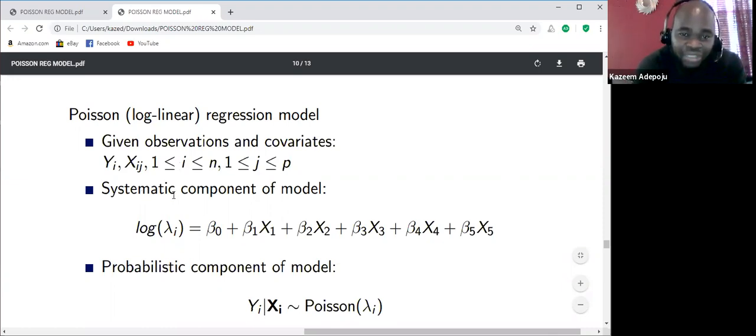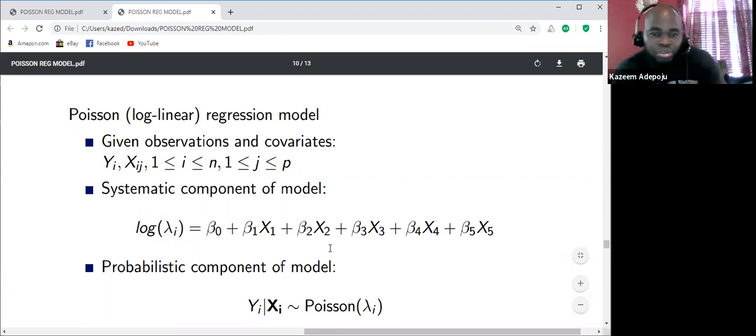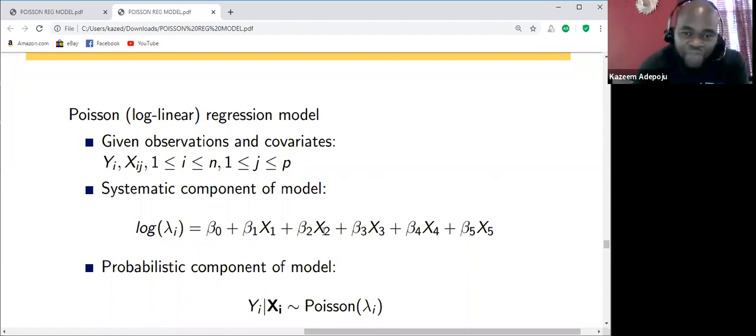So the systematic component of the model is going to be this. Take a look at the log lambda i and the beta naught; it depends on the number of predictors you're going to have in the model. At times we could have more than the categorization I walked you through right now, which is just 2 by 2.